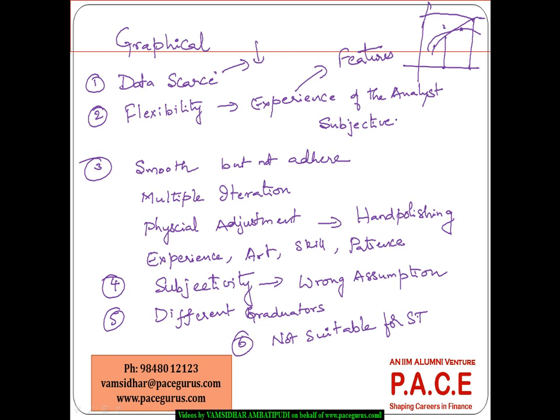So understanding all these advantages, disadvantages and limitations of each of the methods is very much required to come out with the best-fitting mechanism, which can balance comfortably between the smoothing as well as the adherence to the data, right?